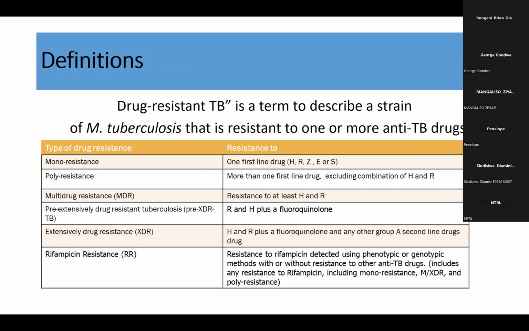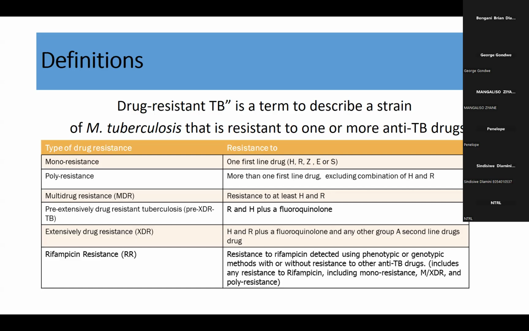So, ladies and gentlemen, you might have seen this slide some time ago. For us, in terms of TB, it's very important to understand these key definitions. Drug-resistant TB is a term to describe a strain of MTB that is resistant to one or more anti-TB drugs. The most common definitions are monoresistance, XDR and also MDR.